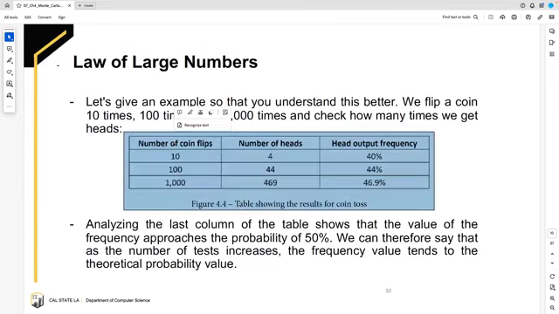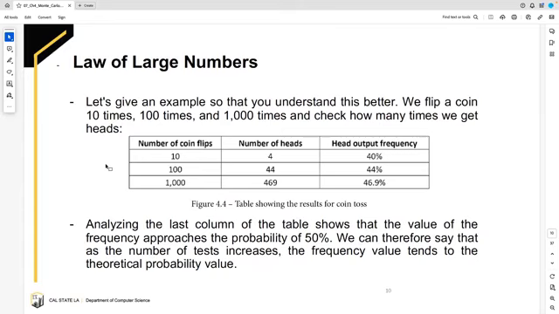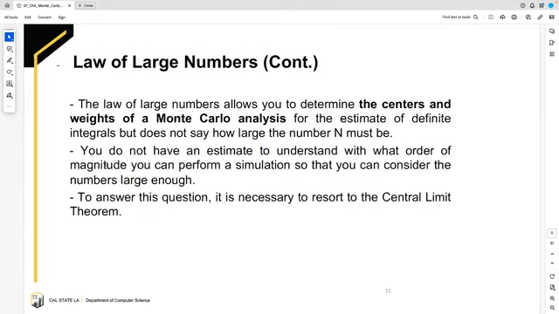Okay, so with that, let's also have a more formal definition. The law of large numbers allows you to determine the centers and weights of a Monte Carlo analysis for the estimate of the finite integrals, but does not say how large the numbers should be.